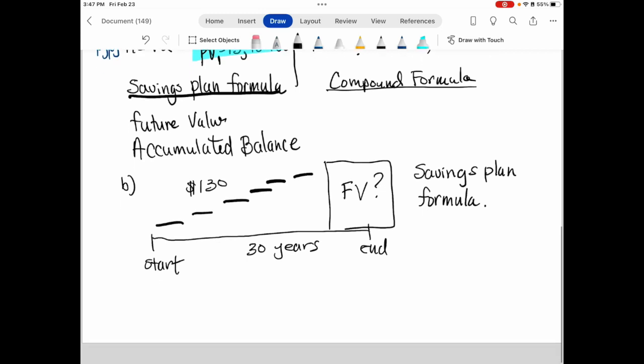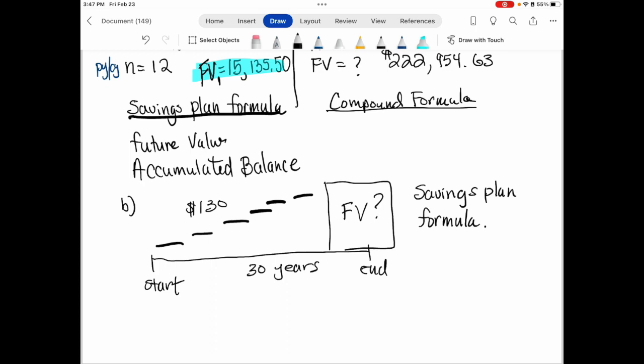And let's go through and see what we have here. So our big N, or the total number of periods we would have here, is we're doing this monthly for 30 years. So that's going to be 360 periods. Our little n, which would be our PYCY if we're using the TVM solver, is 12. We're still doing this monthly.